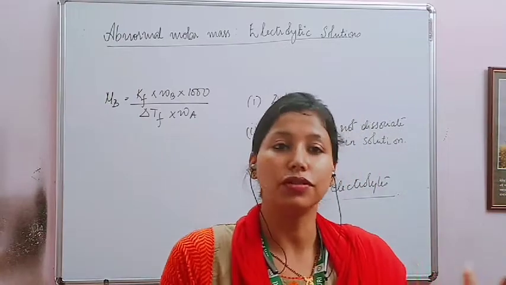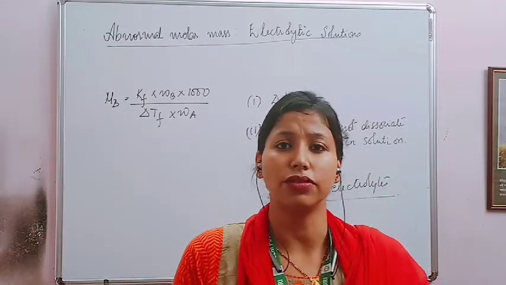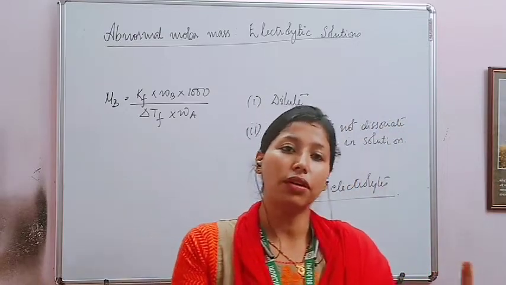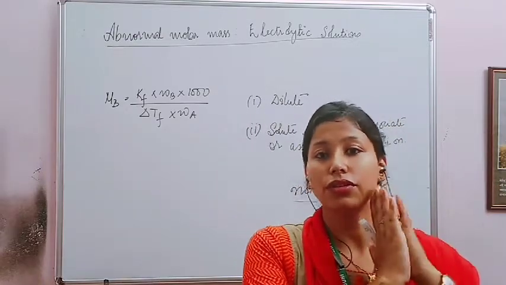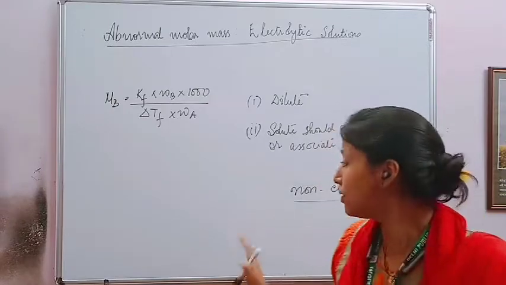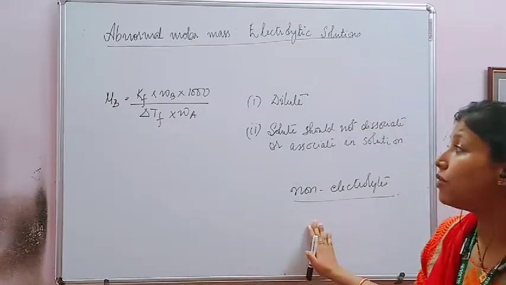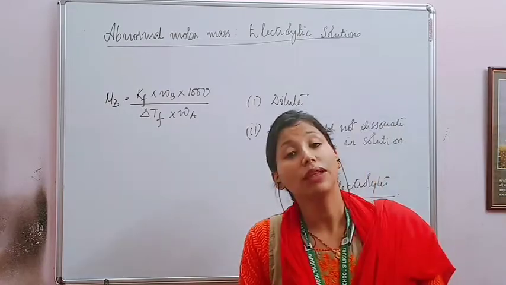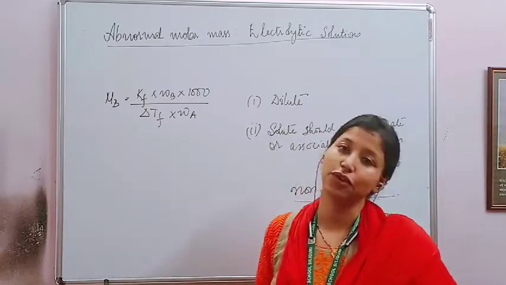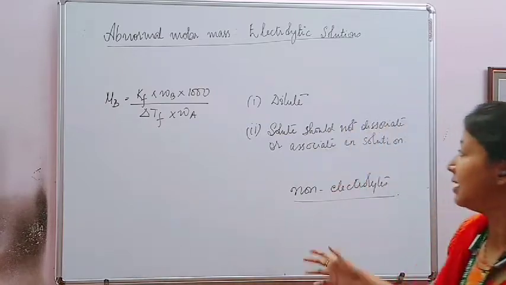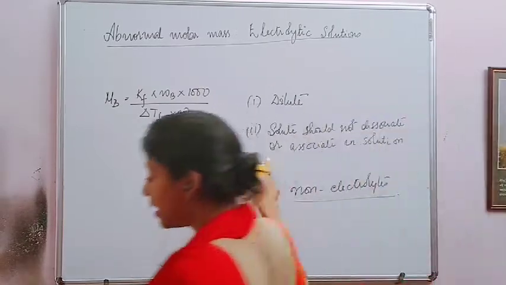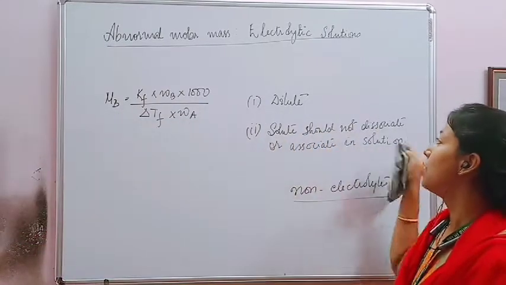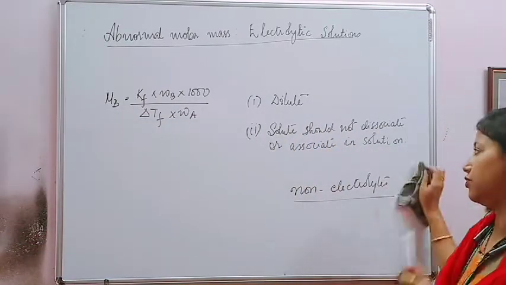They do not dissociate, they do not break down into their constituent ions, nor do they combine together to give another molecule. So those are non-electrolytes. Whatever we have done till now is basically for non-electrolytes. Now what will happen if we choose an electrolyte? Okay, let's see. So the two criteria are that the solution should be dilute and the solute should not dissociate or associate in solution.